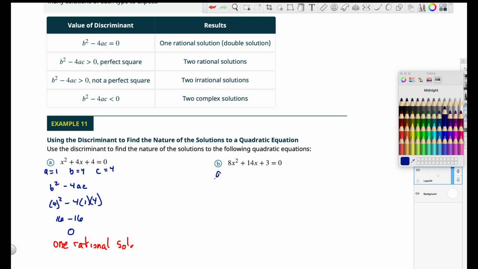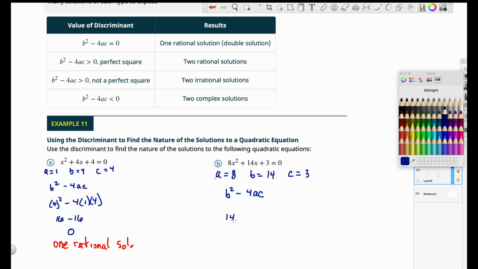Next one, let's identify A, B, and C. Notice here we are already in standard form. If we weren't, we would have to get it there. So b squared minus 4ac is the discriminant.